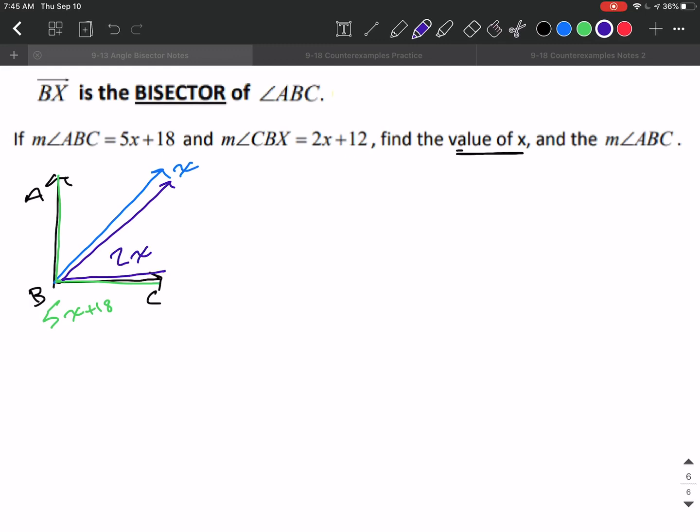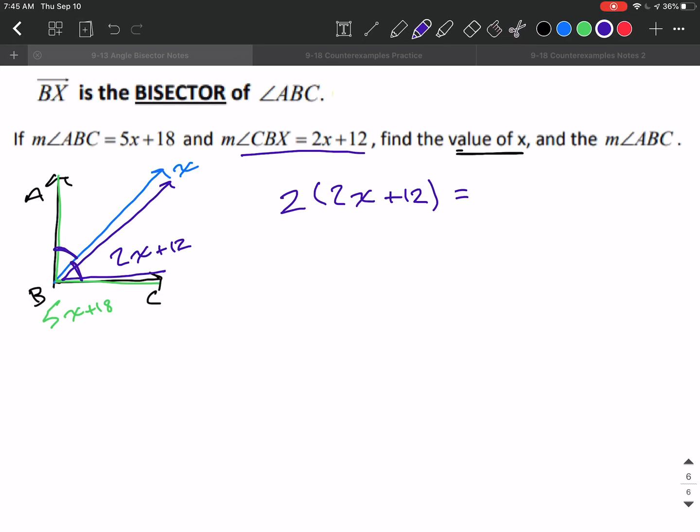So I only have one bisector given, but remember with bisectors, this is also the same as the other half. So what I'll do is I'm going to multiply CBX by 2. So I'll have 2 of 2x plus 12, and that will equal the measure of ABC.